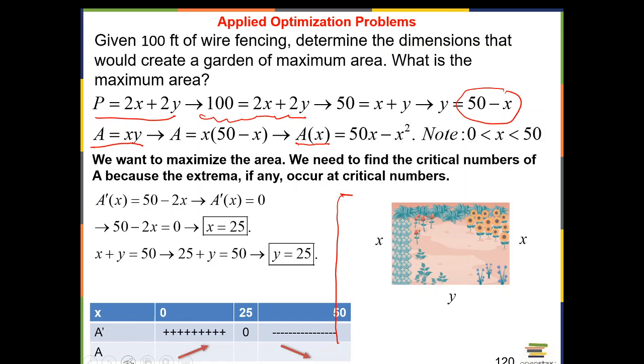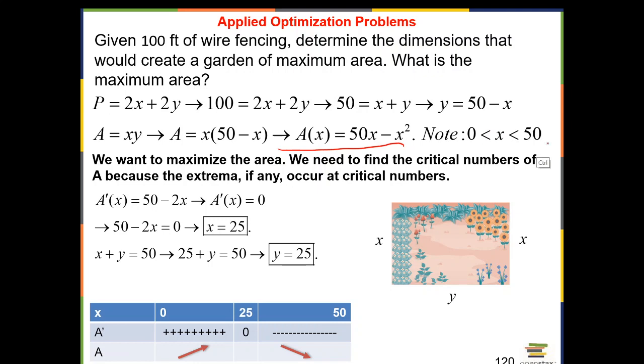Okay, now that we have the objective function, which is that right there, how do we maximize it? Well, that's easy, right? The domain that we have to maximize this on is from 0 to 50. And 0 and 50 are not included, so it's an open interval. So we're going to put it here in this table. The first row would be from 0 to 50.